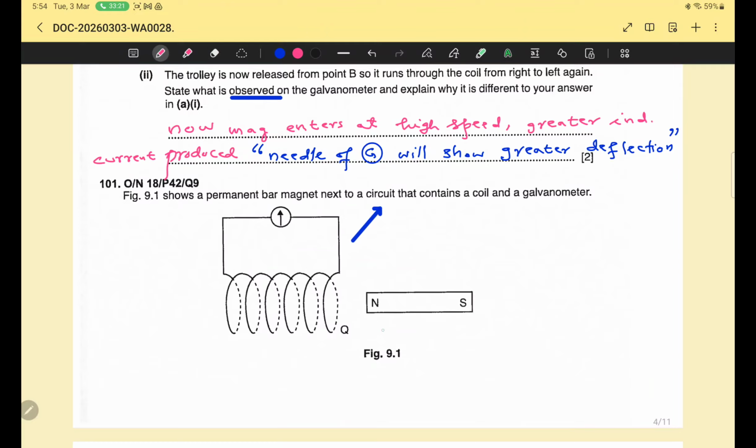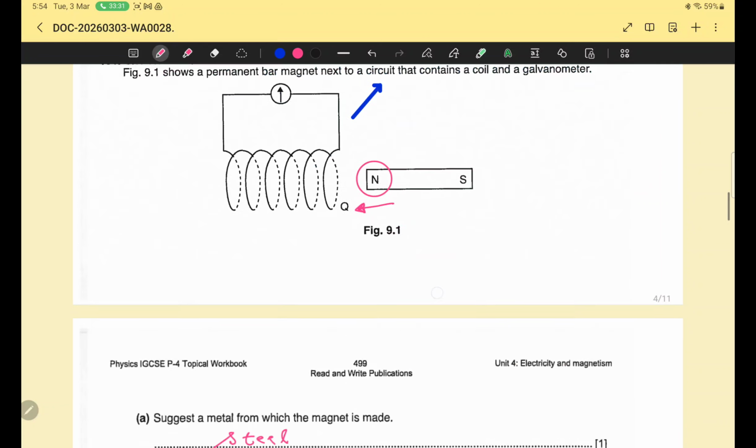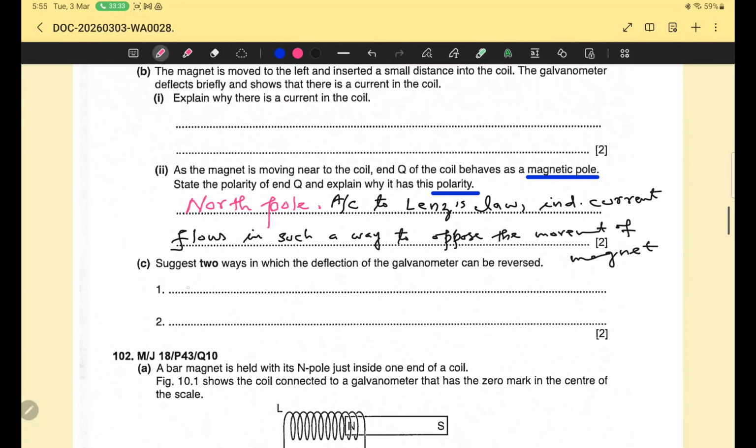Sir, in this example, the North Pole is moved towards the coil. Okay. Conversely, the North Pole should move away from the coil. Number one, the North Pole should move away from the coil.